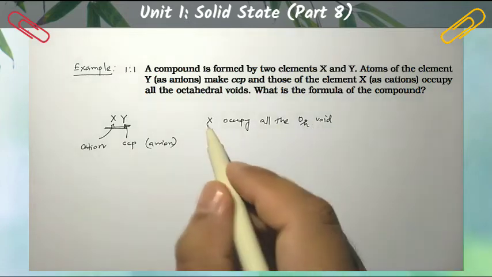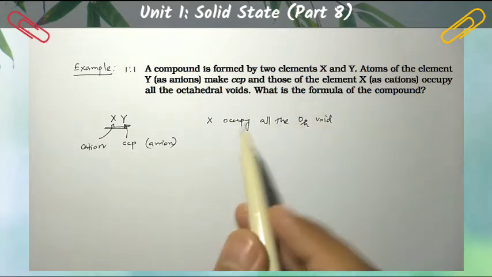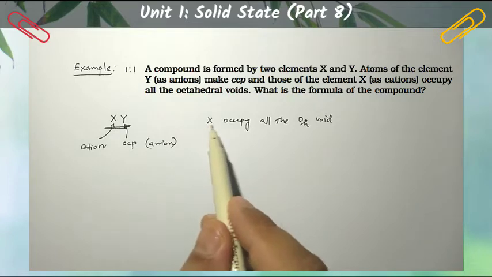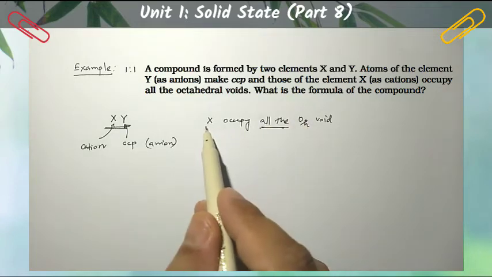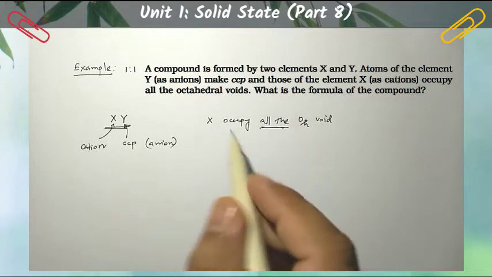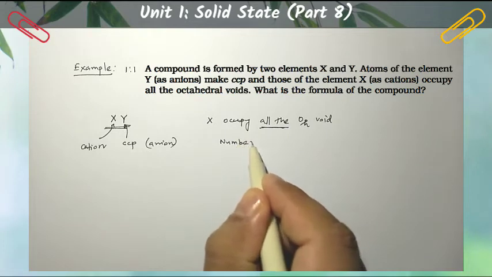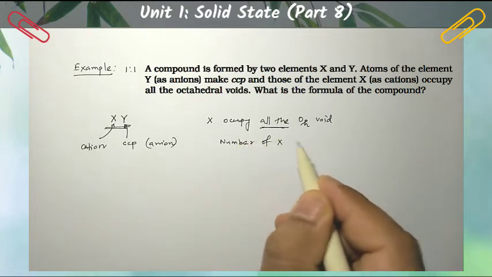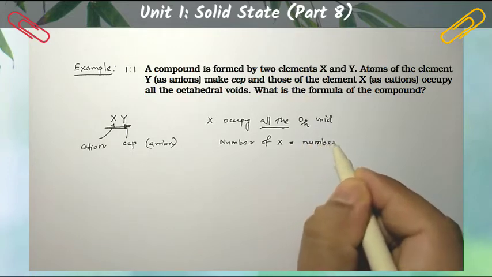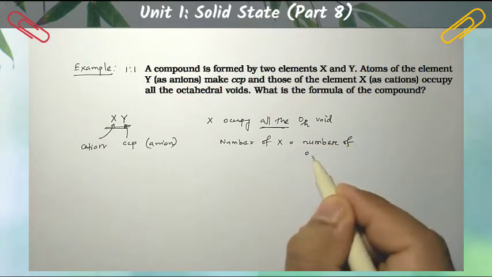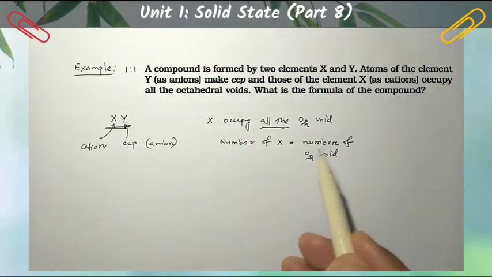So X occupies all the octahedral voids. What is the meaning of it? It means the number of X will be equal to the number of octahedral voids, because it will occupy all of them.